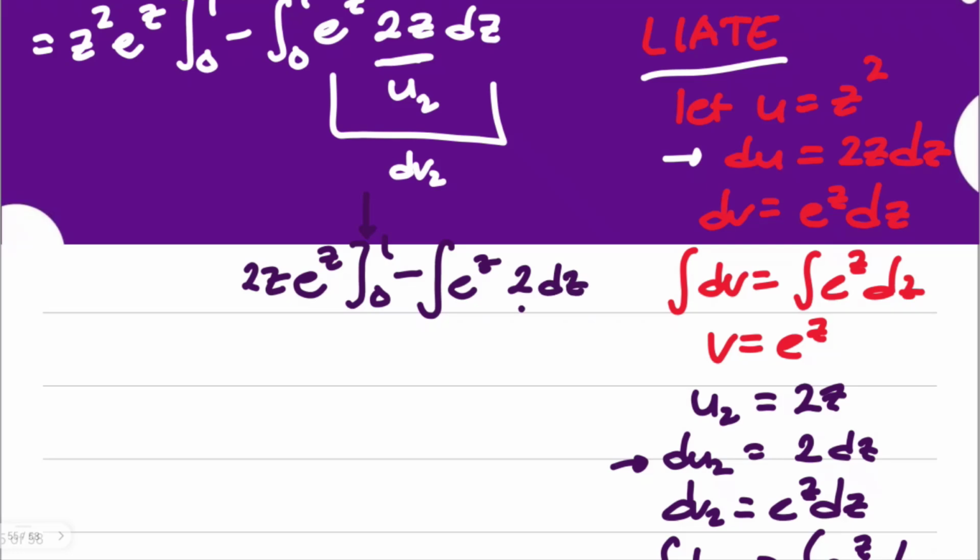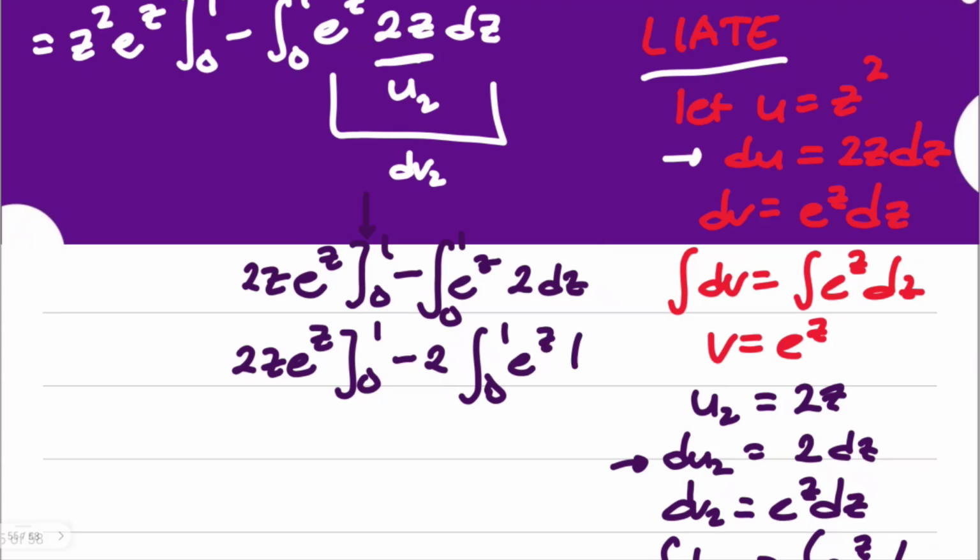But this 2 can be moved out. So this is 2z e to the z from 0 to 1 minus 2 times the integral from 0 to 1 of e to the z dz.